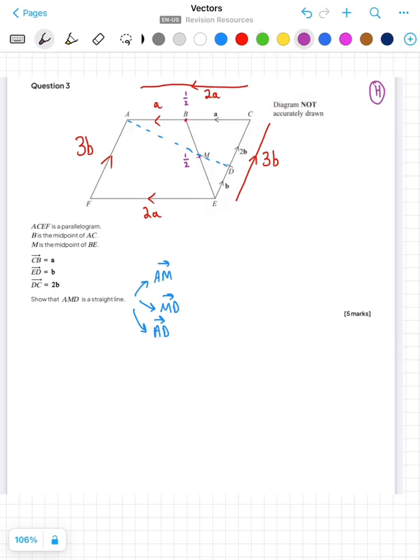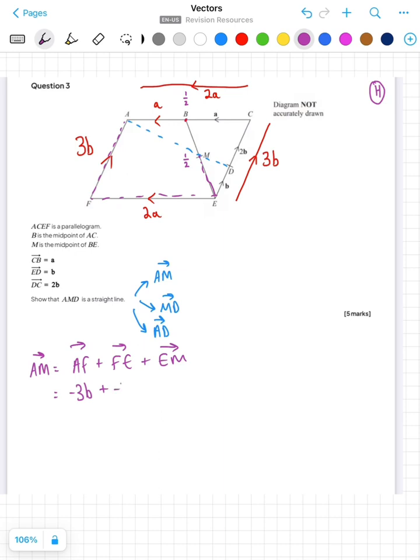So let's start by finding A to M. Now to find A to M, we need to go via an alternative route. So let's go A to F, F to E, E to M. A to F plus F to E plus E to M. A to F, so we're going in the opposite direction, so that's minus 3b.